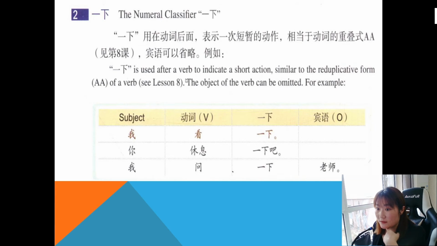In lesson 8 we will learn reduplication of a verb or an adjective. So subject plus verb plus 一下: 我看一下, that means let me see. It indicates a short action. 你休息一下吧, take a short rest. 我问一下老师, let me ask the teacher.